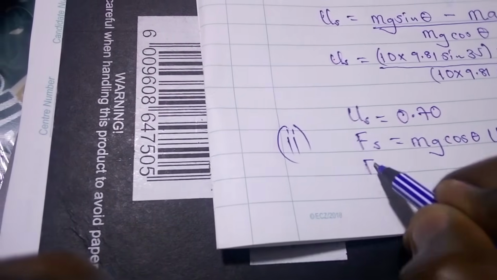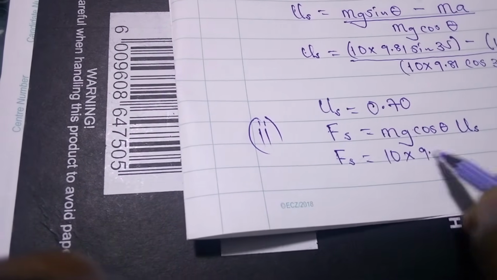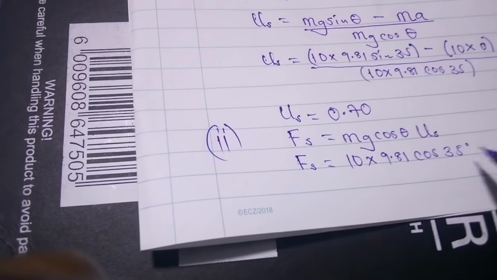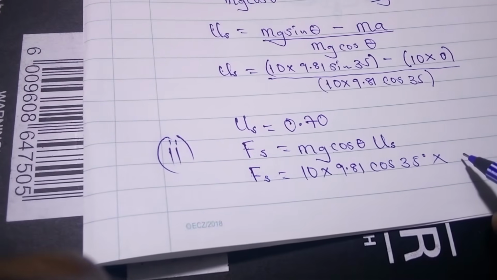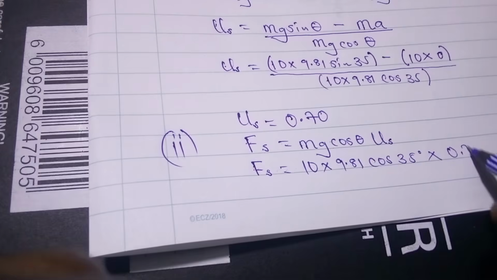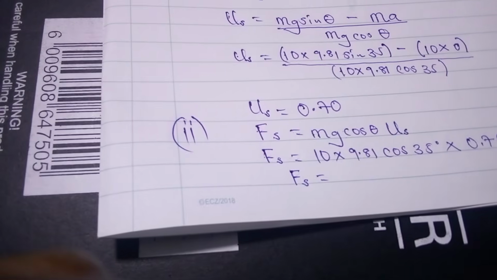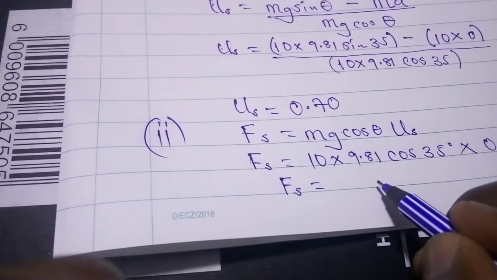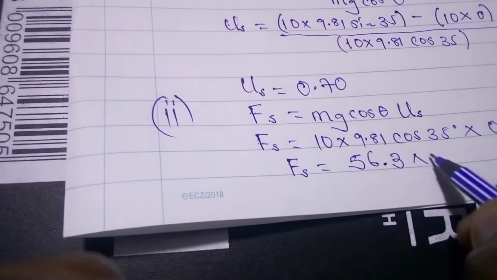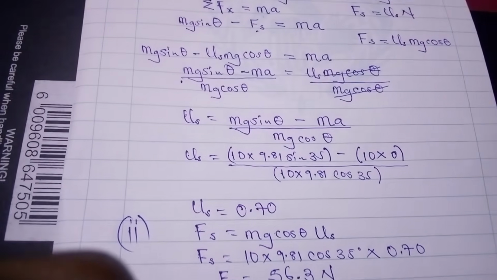That is the mass 10 times 9.81 cos 35 degrees times the coefficient of static friction we calculated, 0.7. Just compute everything on the calculator and we are going to obtain 56.3 newtons. So these were the required solutions.